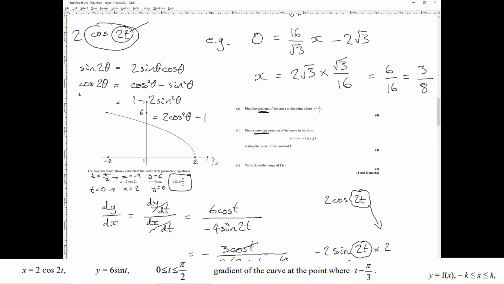I mean a normal equation, y as a function of x only. Then we call it Cartesian, because Rene Descartes is credited with the invention of XY grids. They didn't use them in ancient Greece or anywhere. XY grids are only a fairly modern invention.